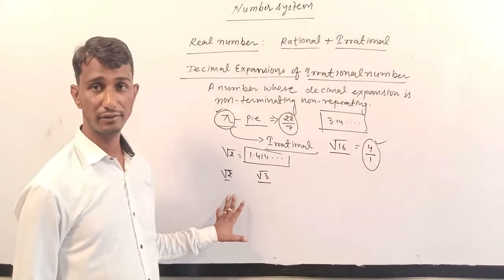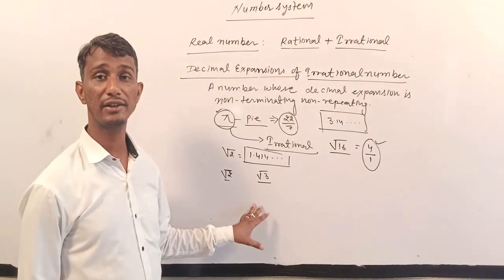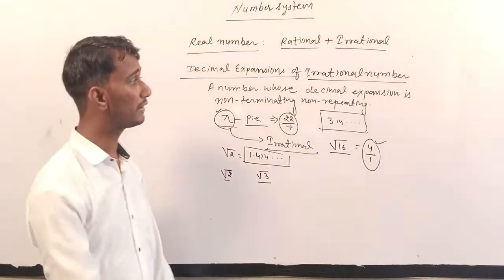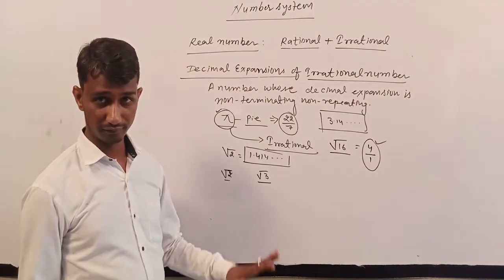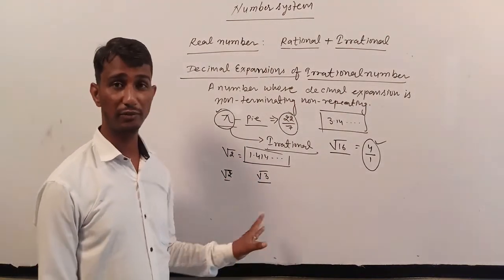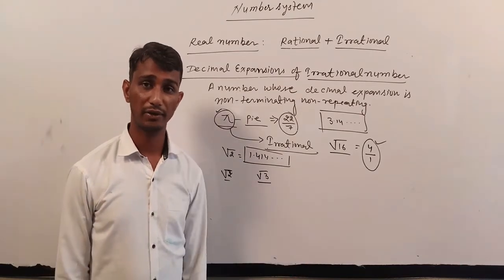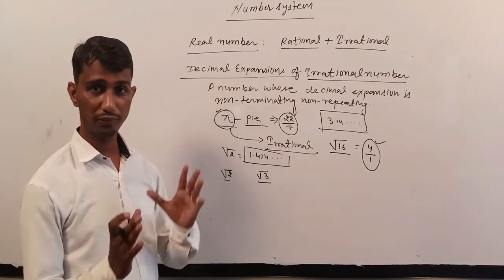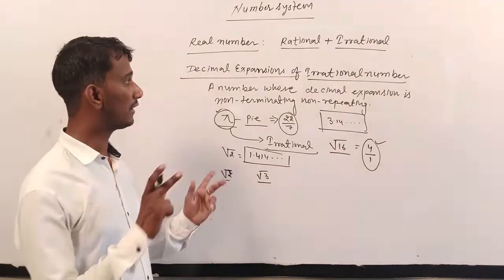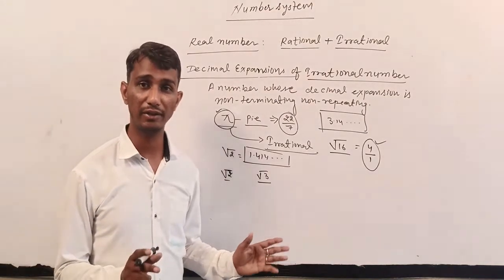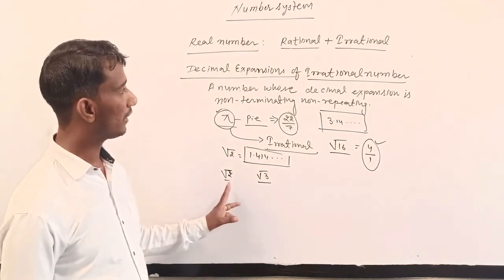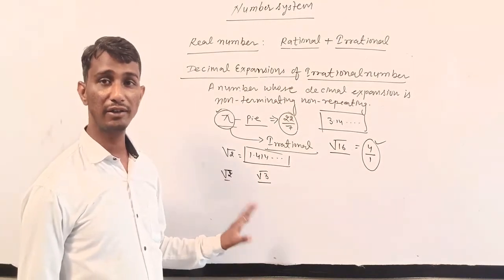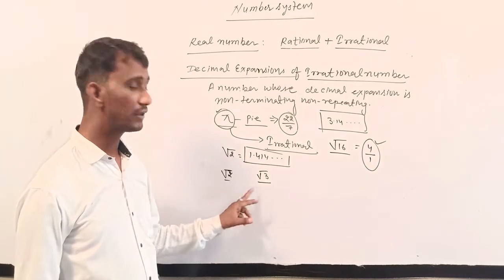There are infinitely many. It is the same concept as for rational numbers: there are infinitely many rational numbers between two rational numbers. Similarly, there are infinitely many irrational numbers between two irrational numbers.